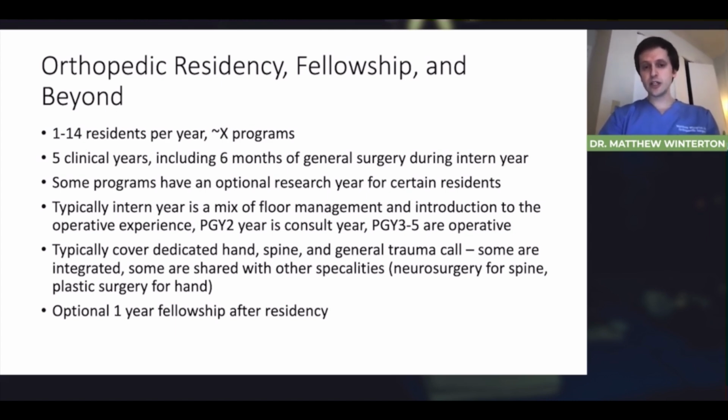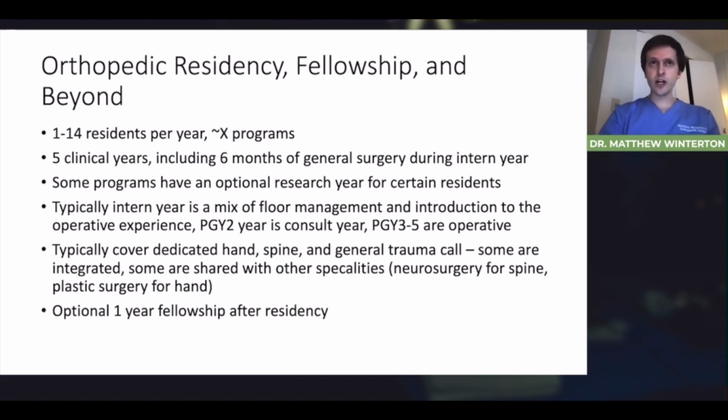Doing an intern year in a preliminary general surgery spot allows you the opportunity to apply into a variety of specialties, ranging from radiology to vascular surgery. And typically there are multiple slots that open up throughout the year or even beyond. The advantage to doing that is that you have the ability then to not only apply for intern spots across the country in various specialties that you qualify for.